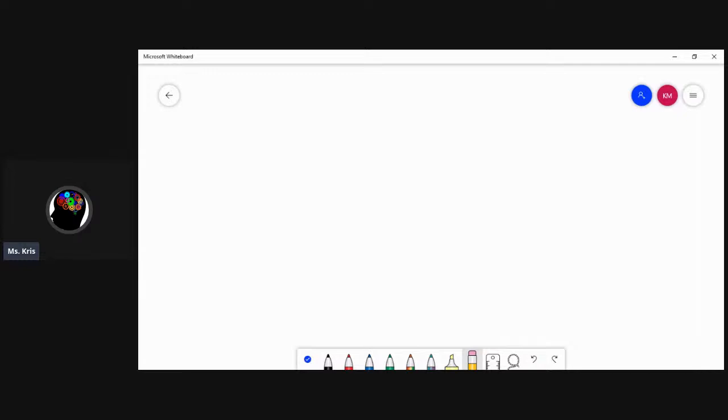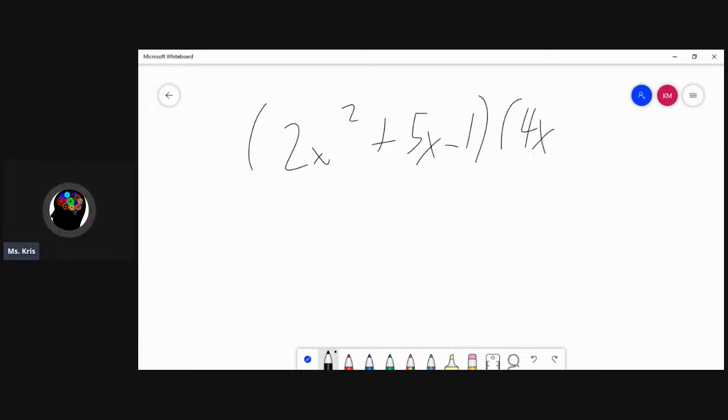Multiplying horizontally. Say I have 2x squared plus 5x minus 1 times 4x minus 3. Distributive property says I can take each of the terms in the first one and multiply it to all the terms in the second one.